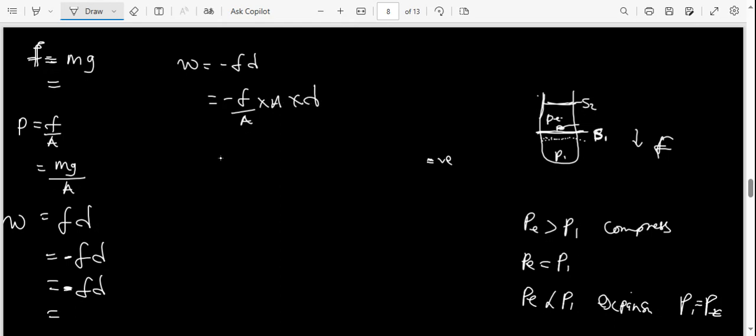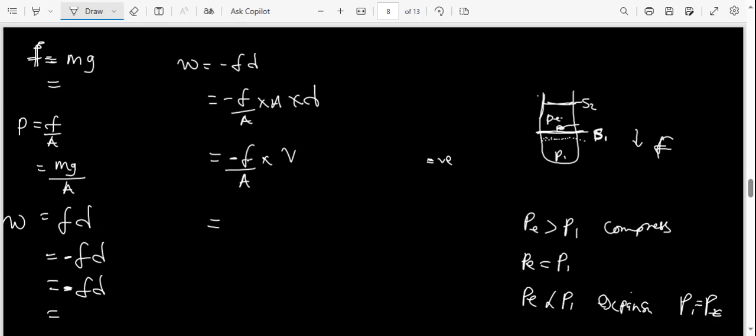So this A and A can go, it's still 1, right? I'm just trying to do something. We have distance measured in meters and also area measured in meters squared. So that will give us volume. So I'll say negative force over A times, now this is the volume, right? Are we good?